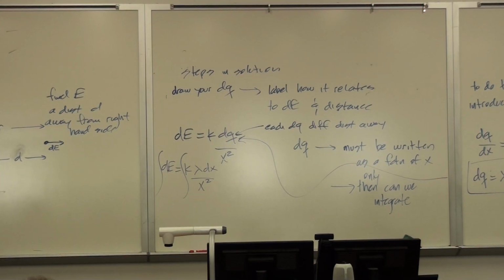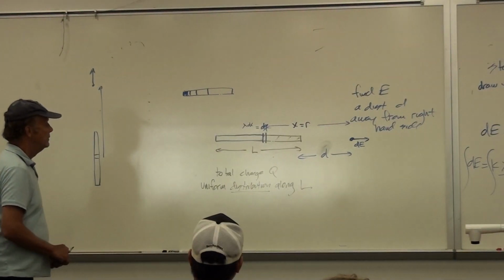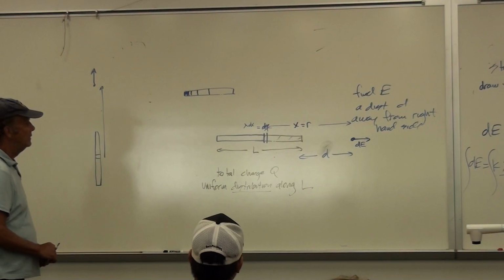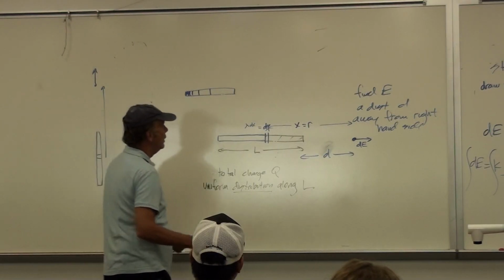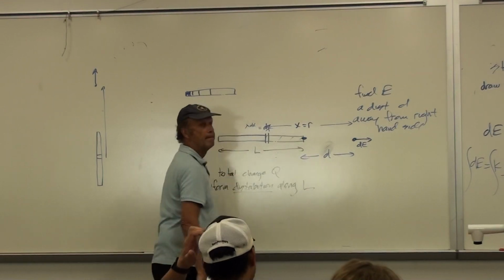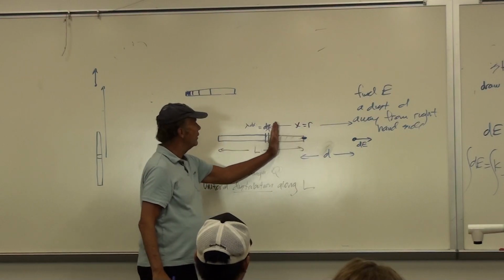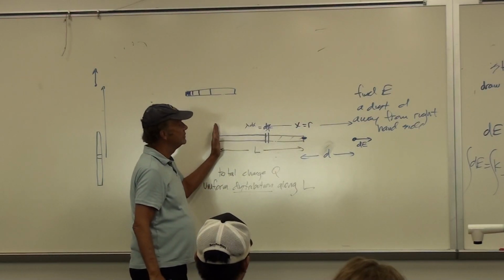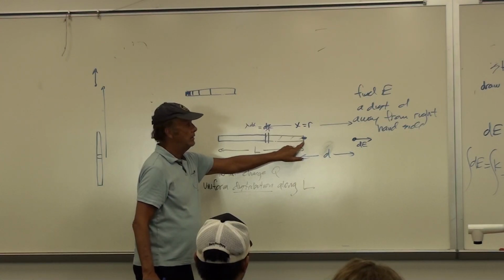So what are my limits of integration? 0 to L. No. 0 to L would put the electric field here. Then the charge would be starting right on it at a distance of 0 away, and I would get infinity.